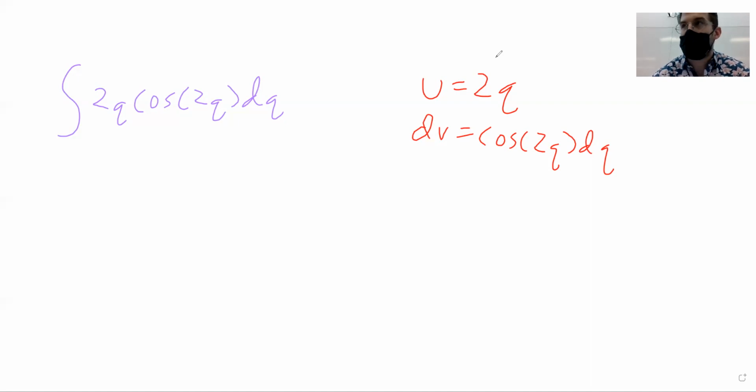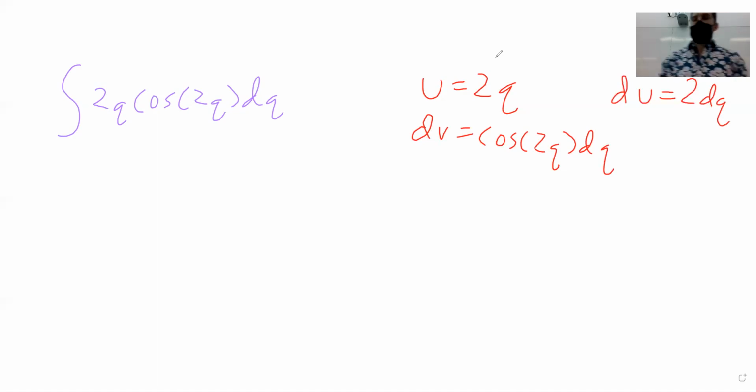So if u is equal to 2q, what is du going to be? 2, and then need one more thing. dq, outstanding. So u is equal to 2q, then du is equal to 2dq.